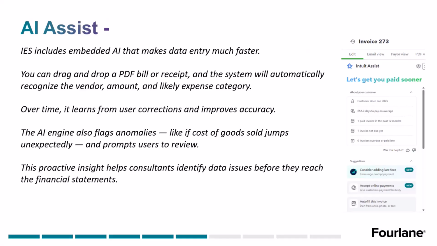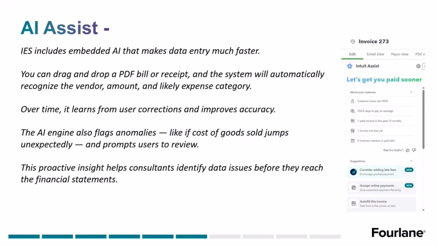You can simply drag and drop a PDF bill or receipt, and the system will automatically read the document, recognize the vendor, pull in the amount, and even suggest the likely expense category. The best part is it's self-learning. As users make corrections or reclassify items, the system remembers those changes and improves its accuracy over time.